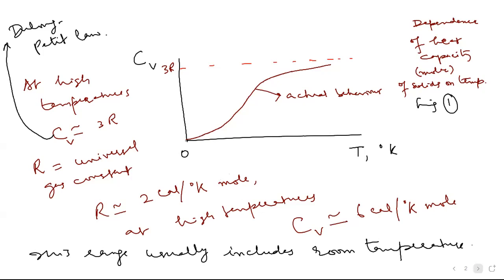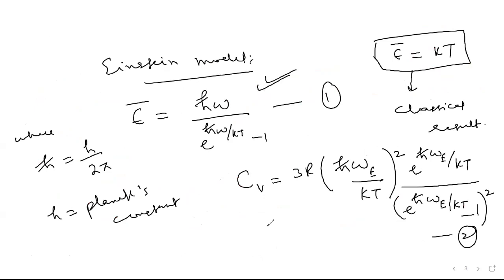Then we said how Einstein tried to solve this issue. So he did not use the classical result for average energy of an oscillator equal to kT. He took it as h bar omega by e raised power h bar omega by kT minus 1. So when this was done, he obtained the expression for CV given by equation 2.